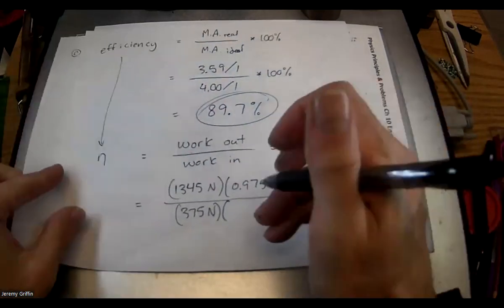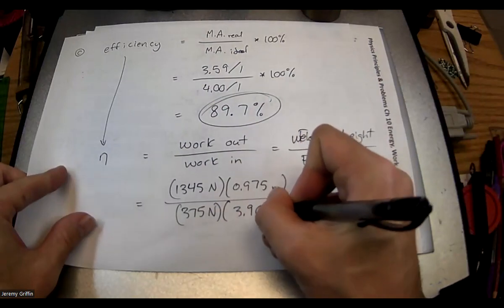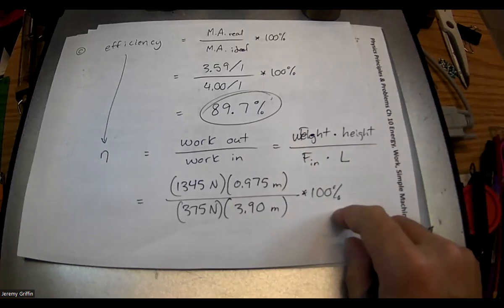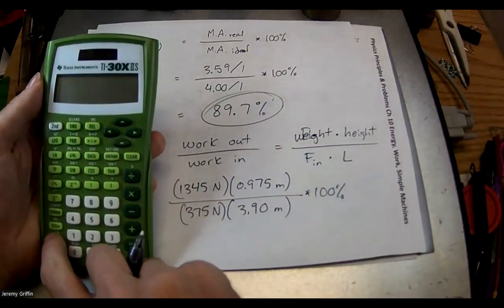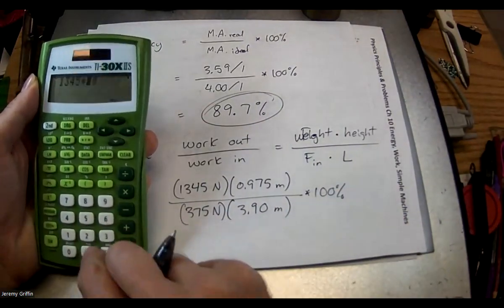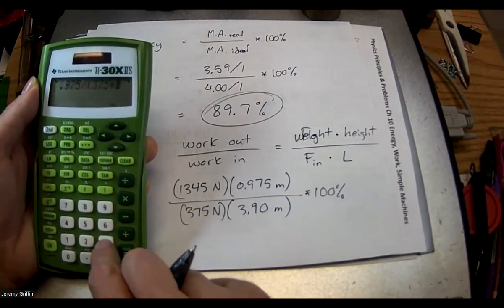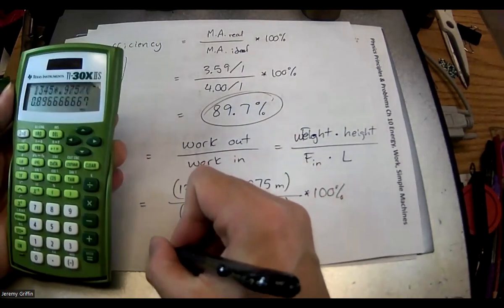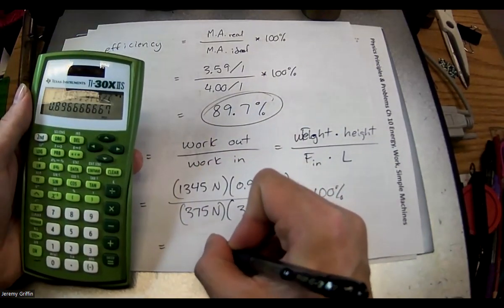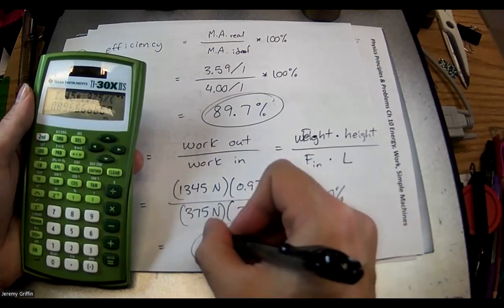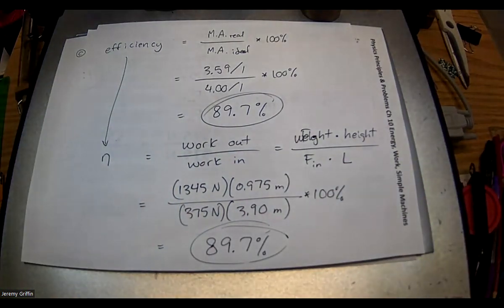He pulled 3.9 meters of rope. I'll say times 100%, to keep it consistent with what we did before. So 1345 times 0.975 divided by 375 times 3.9. And that's the exact same thing as I got before: 89.7% efficient. So there you go, two paths through the forest to get to the same answer.